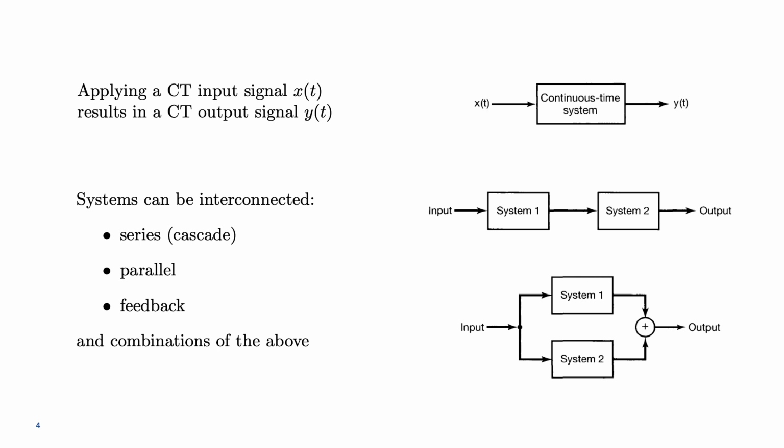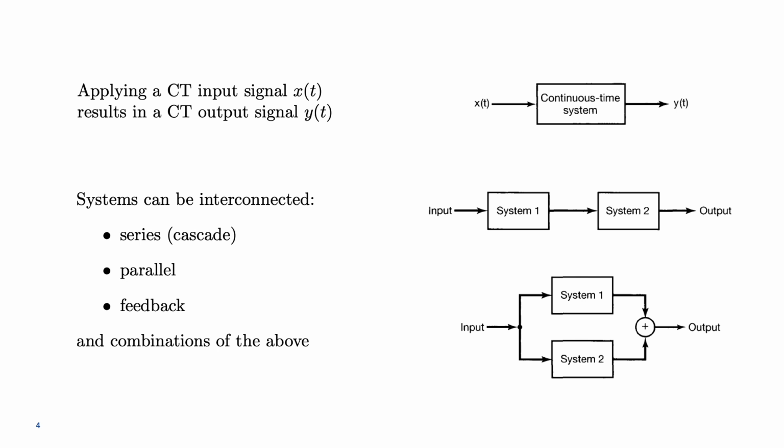Systems can also be interconnected. Actually, many real systems are built as interconnections of several subsystems or several components. And there are different ways we can interconnect systems: series, or cascade, parallel, feedback, which we'll see in more detail later, and also combinations of all of the above.